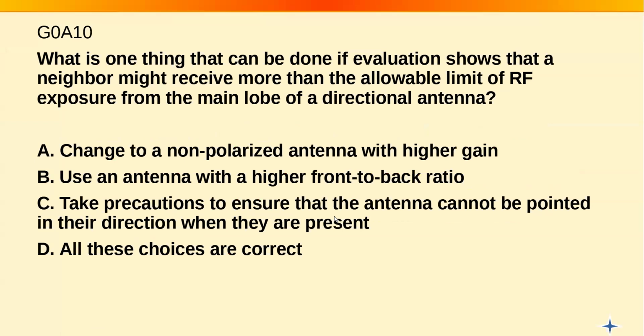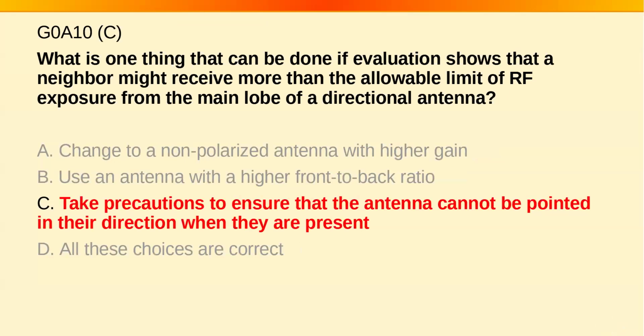What is one thing that can be done if evaluation shows a neighbor might receive more than the allowable limit of RF exposure from the main lobe of a directional antenna?